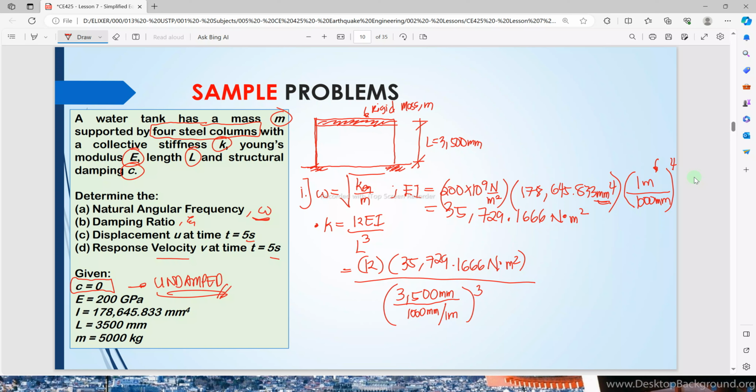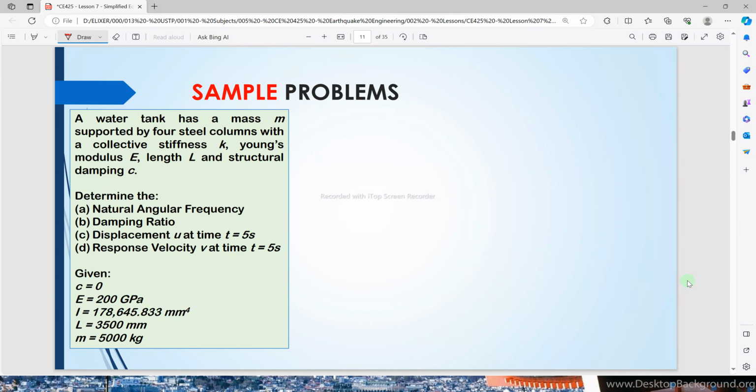Then we raise that to cube. Then eventually we will have our K approximately equal to 10,000. Don't forget about the units. This is in Newton per meter. So we already have our K. K is equal to 10,000 Newton per meter.